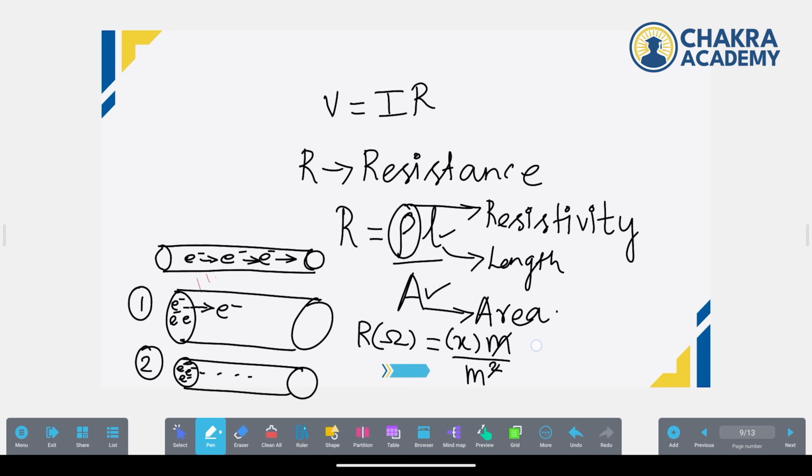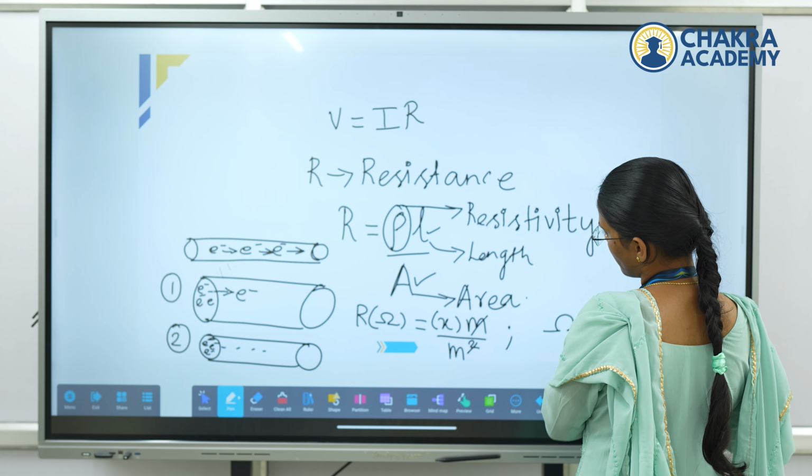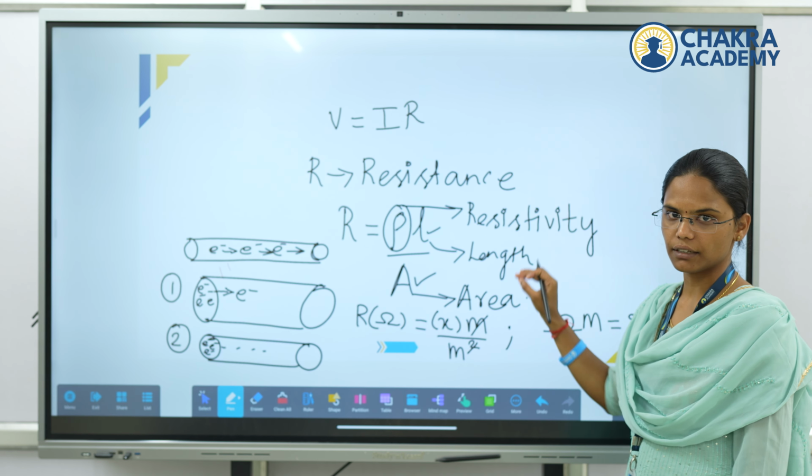We can rearrange, take the meter to the numerator, and find the unit of resistivity. What is the unit of resistivity? Ohm will be there and meter will be there. So X is equal to ohm meter. Hence the SI unit of resistivity is found.